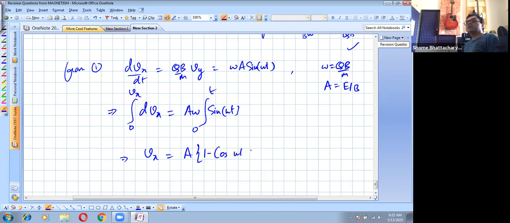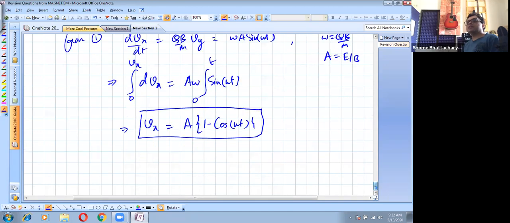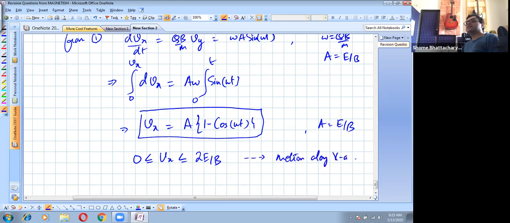Now this is what it's showing you, that it has an unbounded motion along the x-axis, because it never has a negative x displacement. Vx is always greater than or equal to 0. It never becomes negative. Okay, because E here is equal to E by B. So that means the motion along x-axis is unbounded.